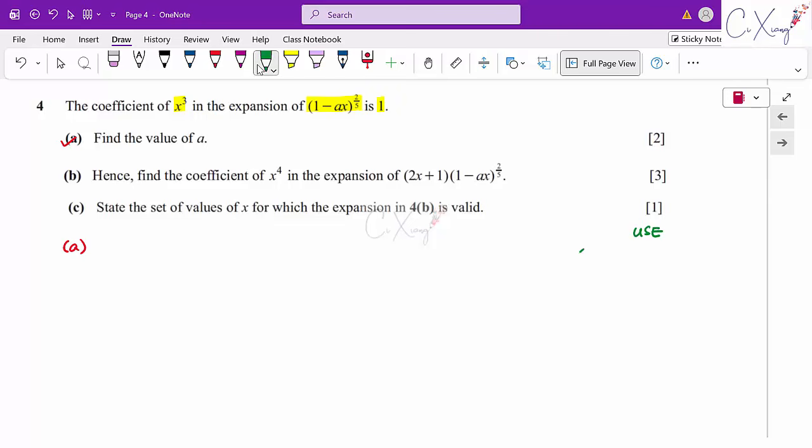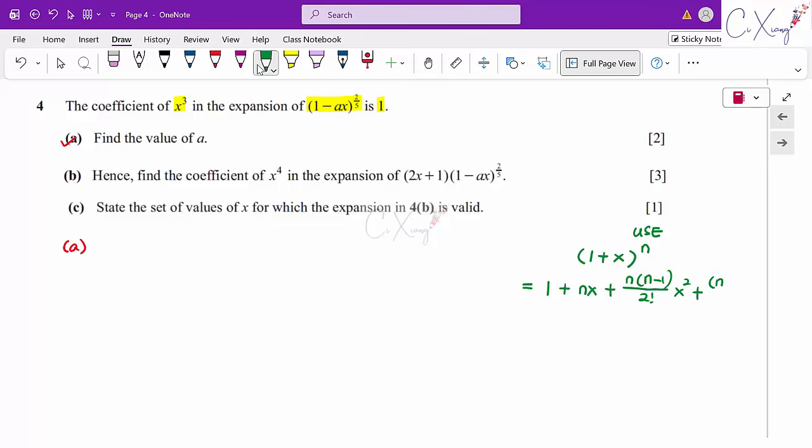If I have 1 plus x power n, where the n can be any fraction, negative fraction, positive fraction, or negative value, then we can expand it using the binomial expansion formula. The first term is always 1, the second term is nx, the third term is n times n minus 1 divided by 2 factorial with x squared.